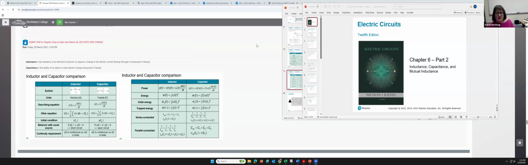So when we look at the PowerPoints for our capacitors, once again, section 6.2 and 6.3, you'll see that the structure is very similar. All right. So what is a capacitor? Well, the diagram for a capacitor is a straight line followed by a beginning parenthesis.